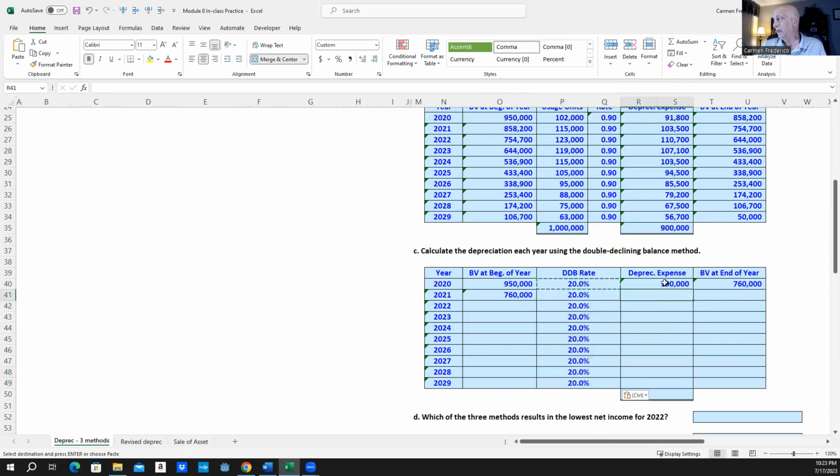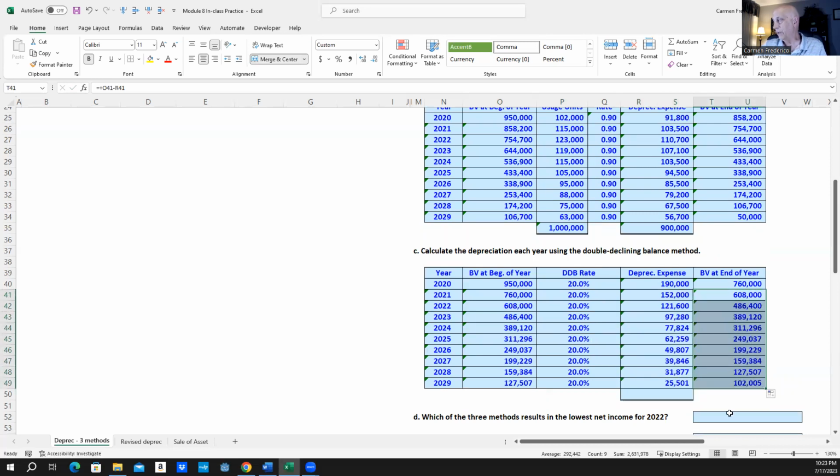And then the depreciation is always going to be the beginning book value times the 20%, in this case, the double declining balance rate. And the ending book value is going to be the beginning book value minus the depreciation expense. We can copy this depreciation expense down, and we can copy the ending book value down. The same formulas all the way down.